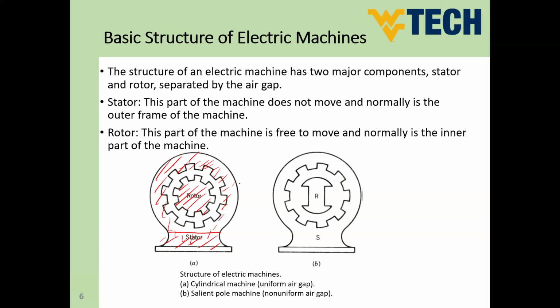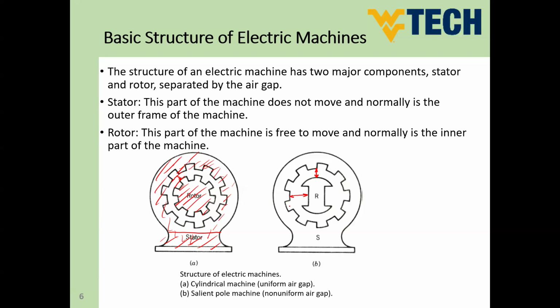Okay, so here, guys, when you see that in practice with the dimensions, you will see that you have a constant air gap between the stator and rotor structures. So this is called cylindrical type. And here you will have different air gaps between the horizontal and vertical axes.